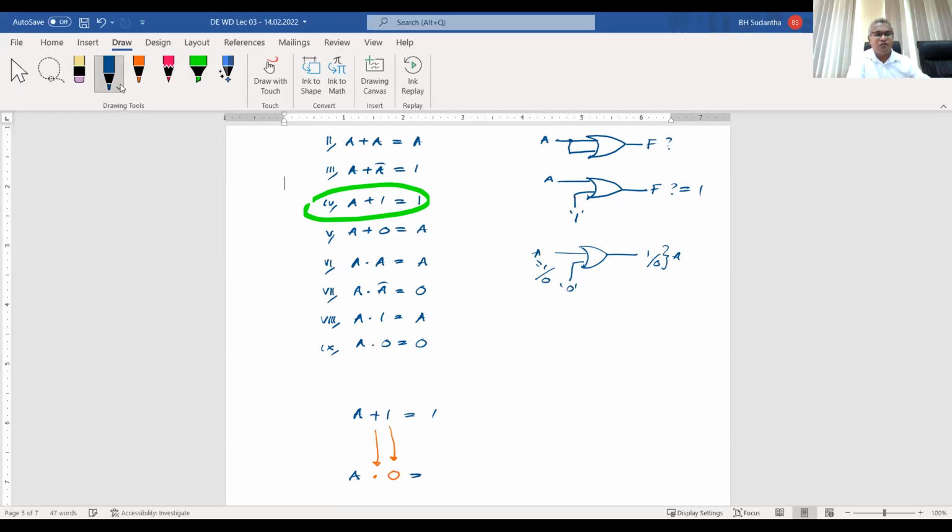So when we apply the principle of duality to A plus 1 equals 1, we receive A dot 0 is 0. A dot 0 is 0. This one. Is it okay?